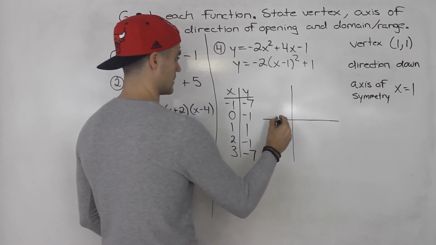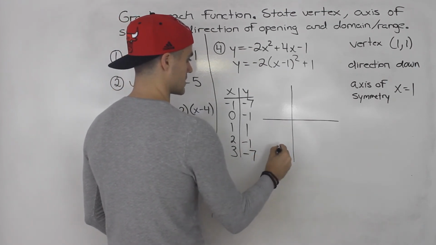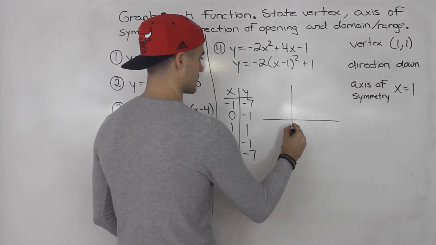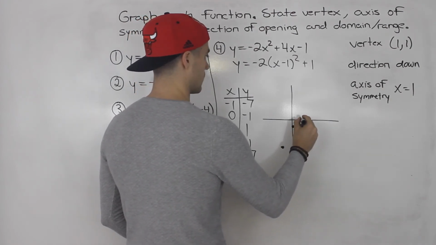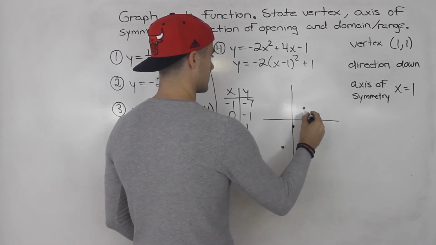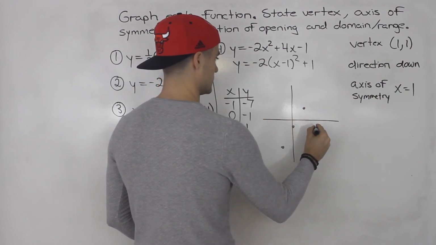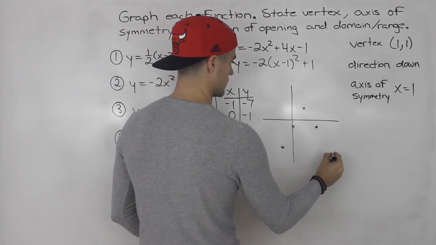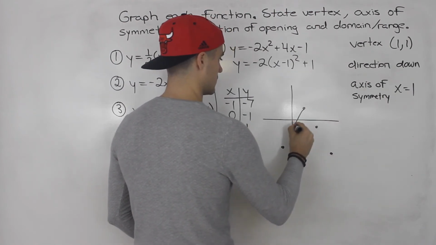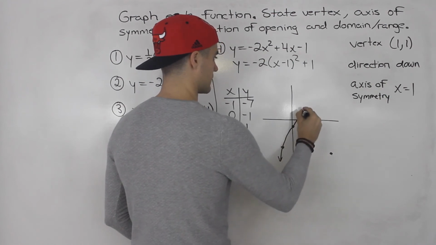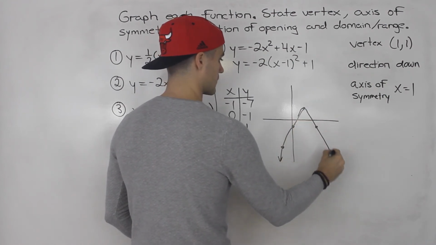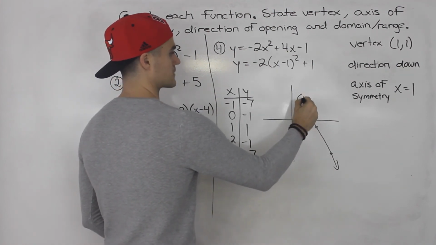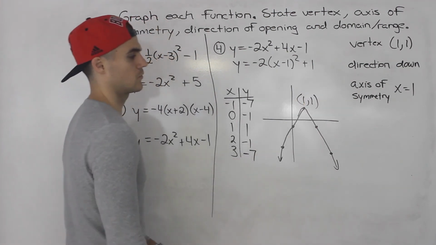So -1, -7 down here. 0, -1 is here. We got 1 and 1, which is up here. Then we got 2 and -1 down here. 3, -7 down there. Right? Should be a nicer shape, but that's how it looks like. The vertex is at 1 and 1.